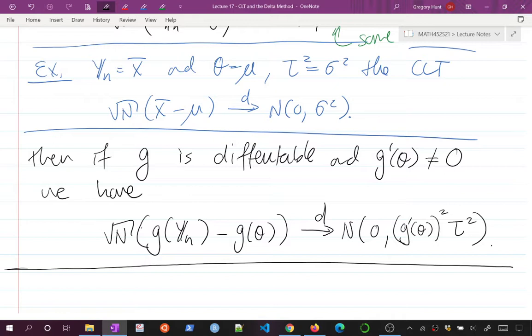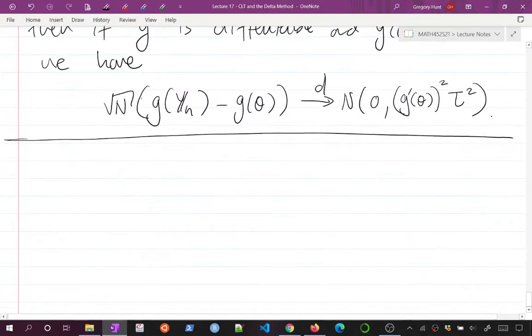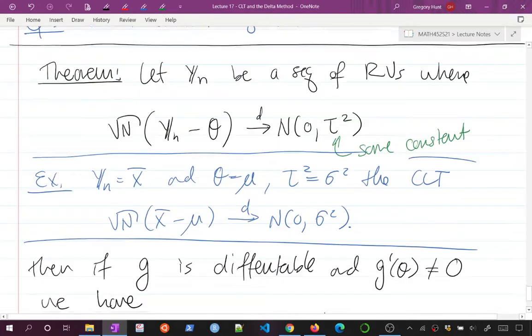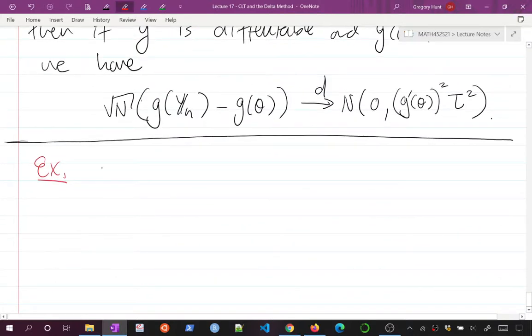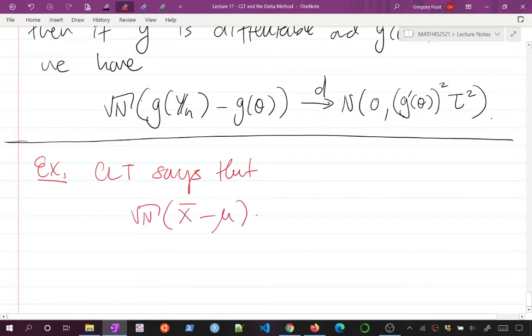So let's look at an example. I have my central limit theorem. The CLT says that root n times (X bar minus mu) converges in distribution to a normal(0, sigma squared) distribution.